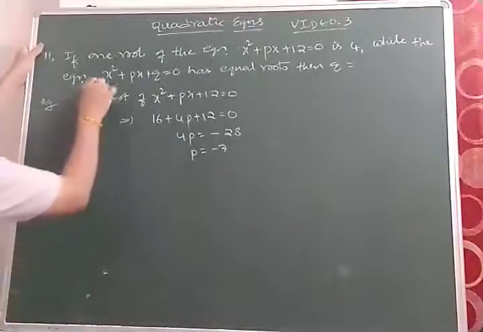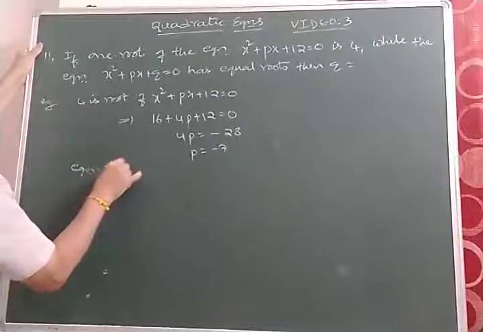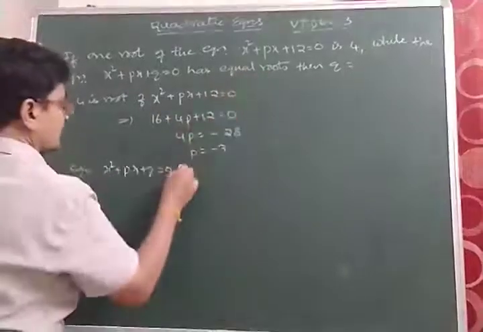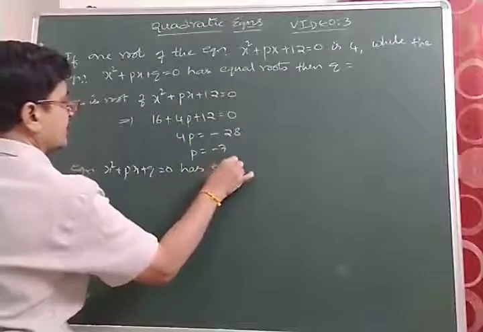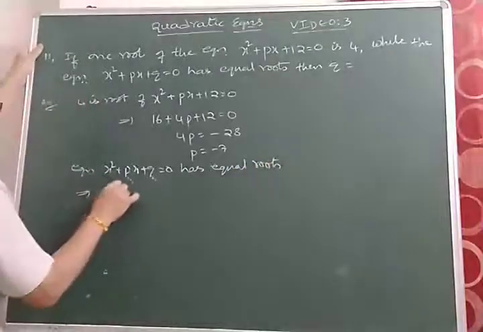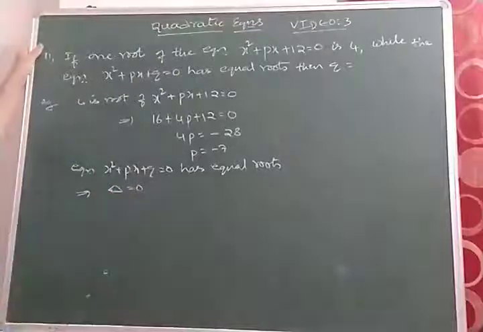And the equation x square plus px plus q is equal to 0 has equal roots. That implies delta is equal to 0. Equal roots means discriminant is equal to 0.